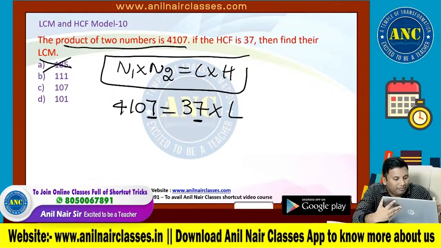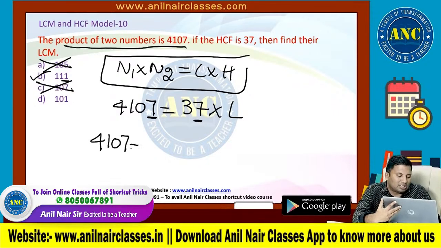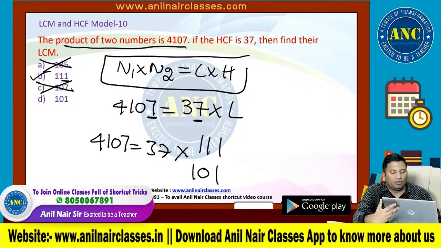It cannot be 5, since 7 5s are 35. 7 1s are 7, this is a possibility. 7 7s are 49, not a possibility. So there are two possibilities: 37 into either 111 or 101.